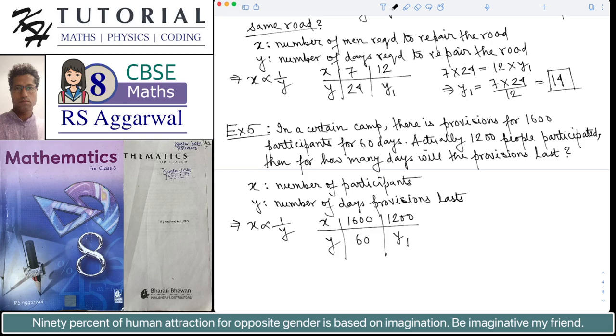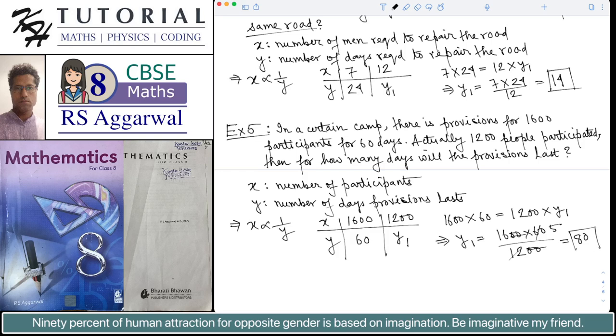So now we should have 1600 multiplied by 60 equal to 1200 multiplied by Y1. This implies Y1 is equal to 1600 multiplied by 60 divided by 1200, which is equal to 80.